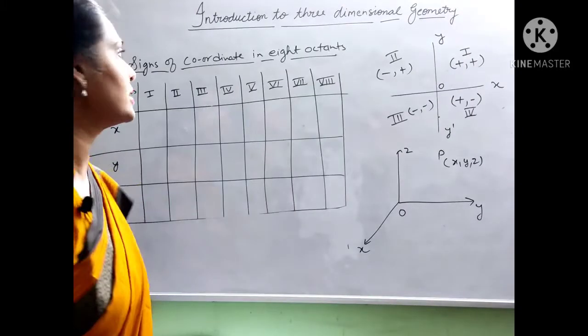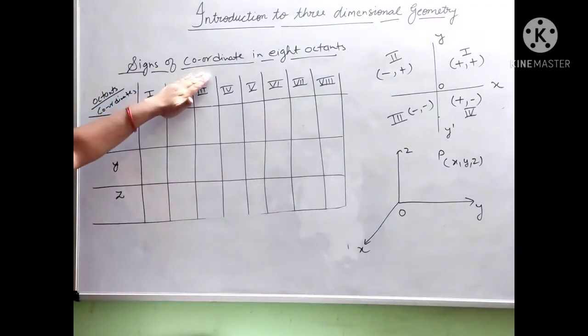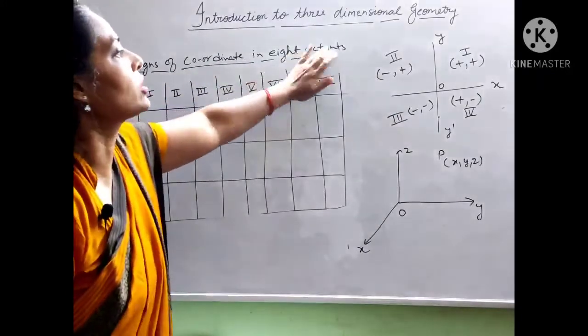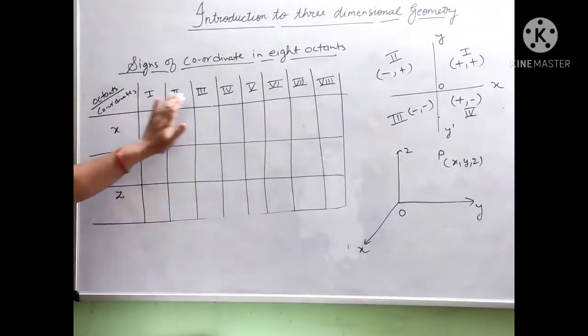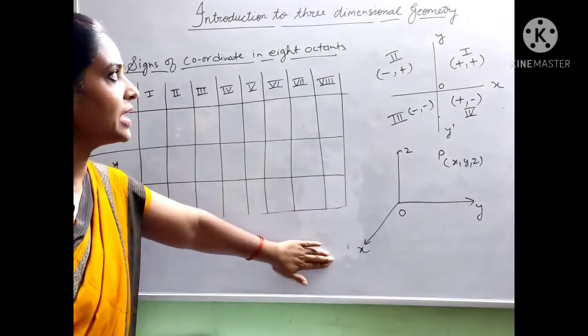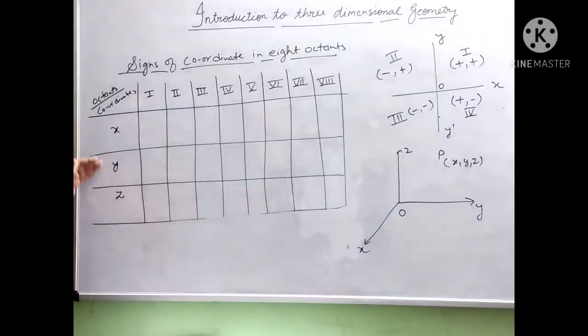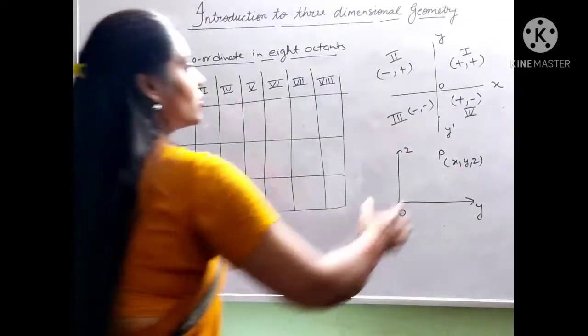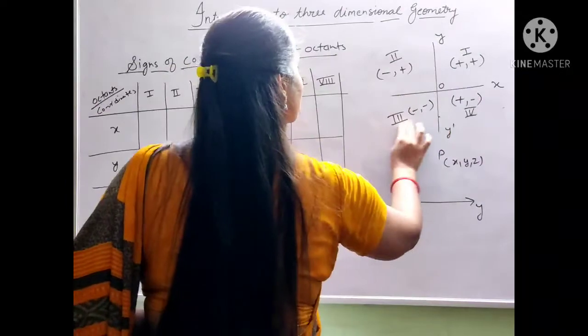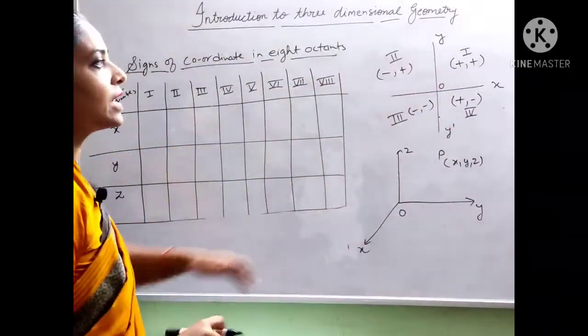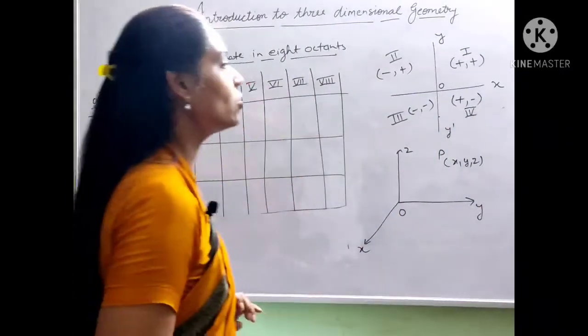Now we have to understand the signs of coordinates in the 8 octants. So we have 8 octants in three-dimensional geometry and 3 coordinates x, y and z. As we know, in the Cartesian plane the signs of the points are as follows.